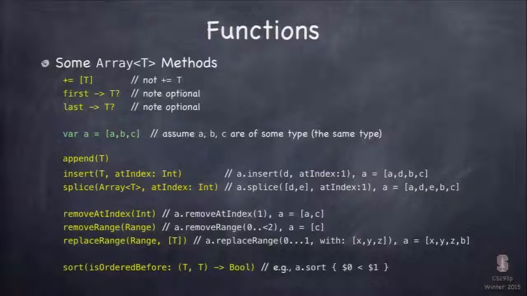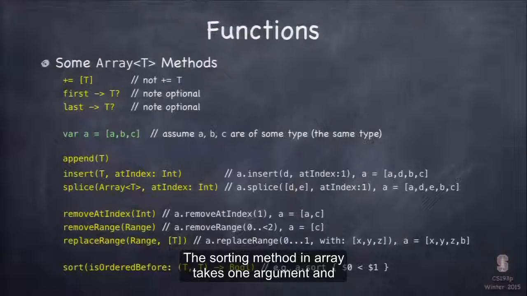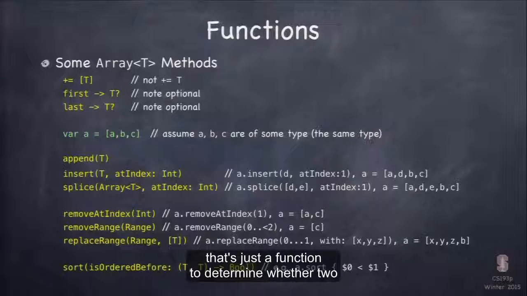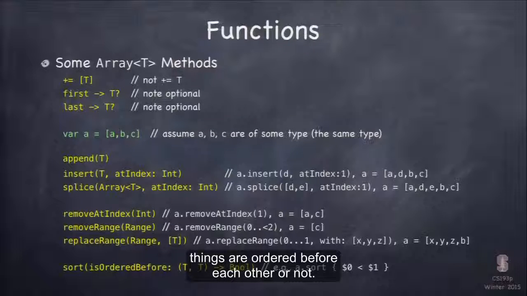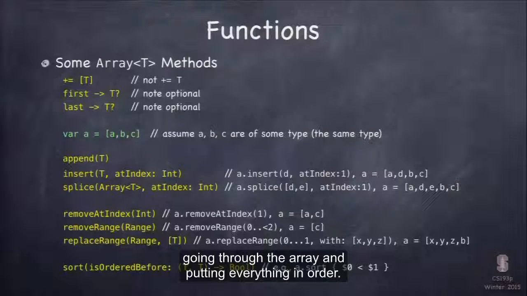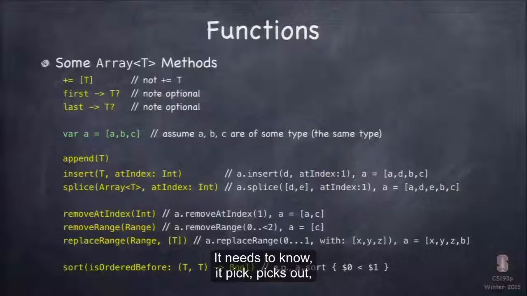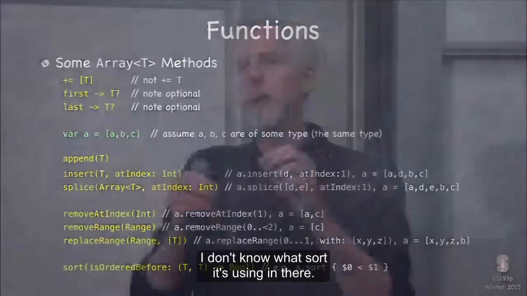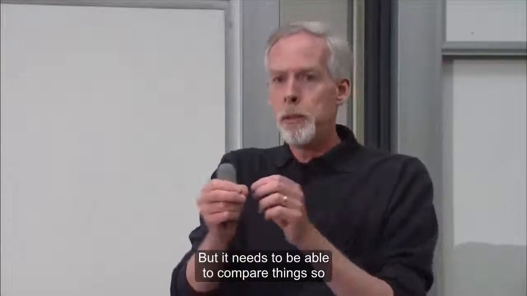There's also sorting. You can sort an array. The sorting method in array takes 1 argument, and that's just a function to determine whether 2 things are ordered before each other or not. Okay? So it's going through the array and putting everything in order. It picks out whatever sort it's using, quick sort, or I don't know what sort it's using in there, but it needs to be able to compare things.